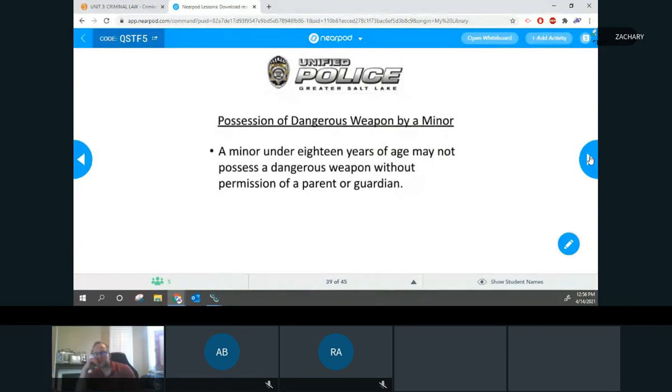Interesting. I'm just wondering how that's going to work out for some things, because before they were able to regulate basically who was supposed to be carrying. And yeah, I hope that doesn't happen to us, Victor. But it's interesting. Basically, if you're under 18, you're not supposed to be carrying any kind of dangerous weapon without permission from a parent or guardian.